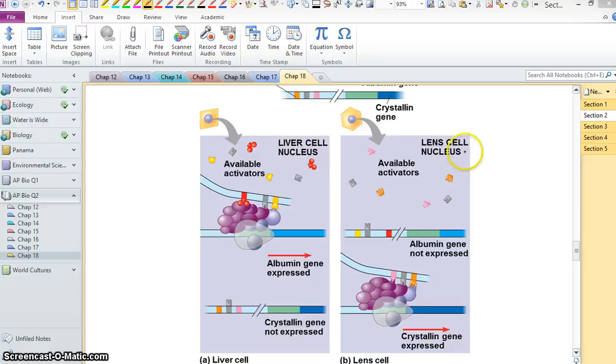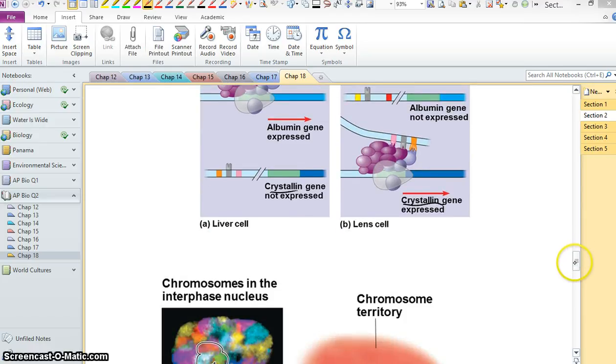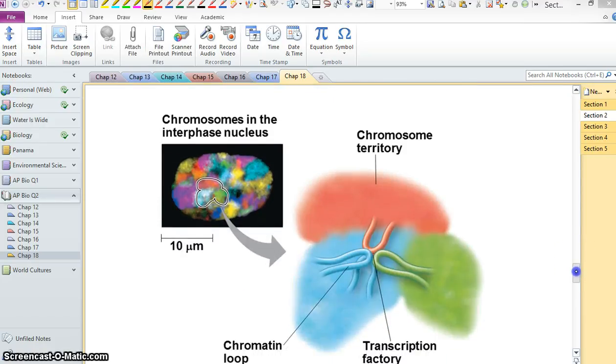But inside your eye, you have different kinds of activators. These are not ones that cause the expression of the albumin gene, but a different kind of protein called crystallin, which is something you need in your eye and don't need in your liver cells. So the activators can help specify which genes are being expressed in which cells, and therefore which proteins are being made.